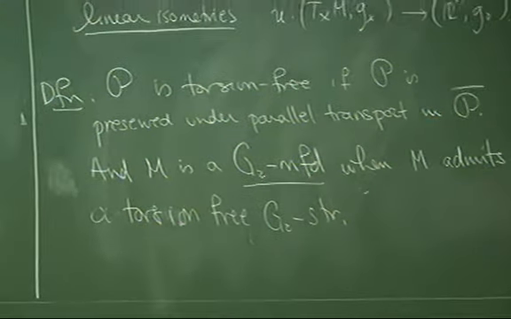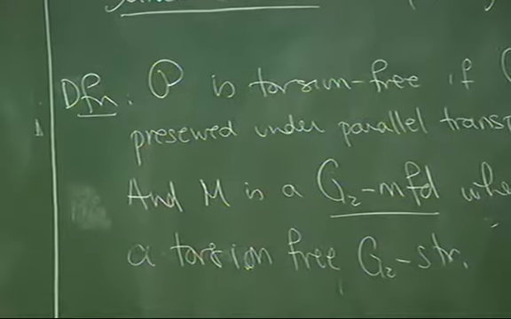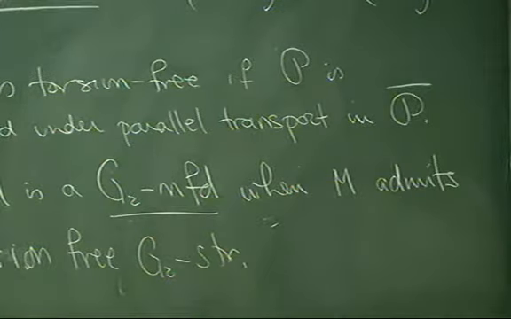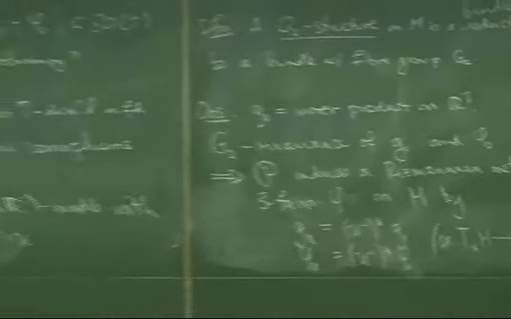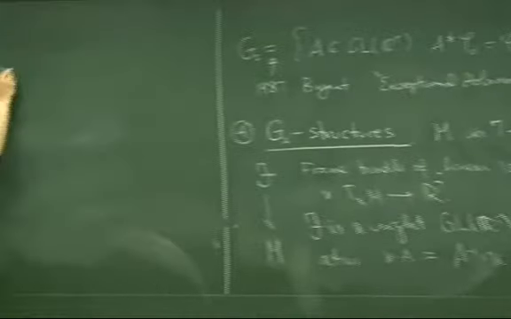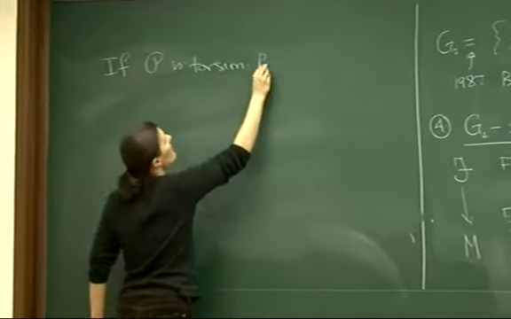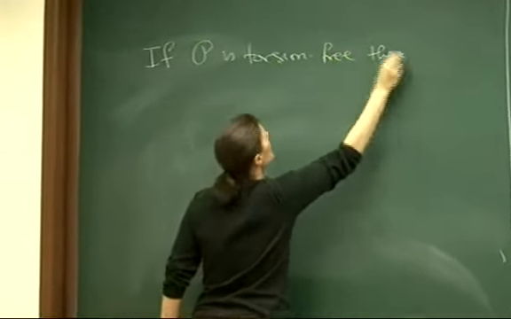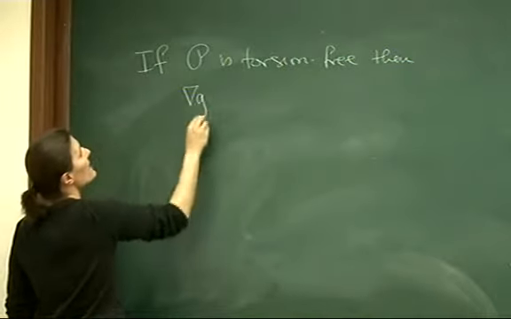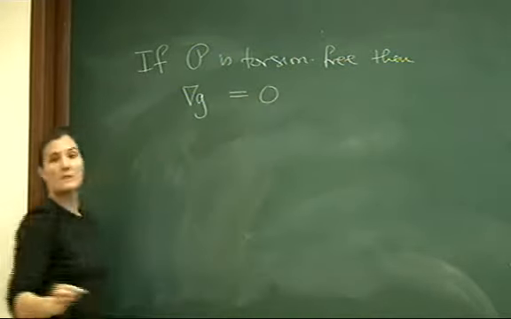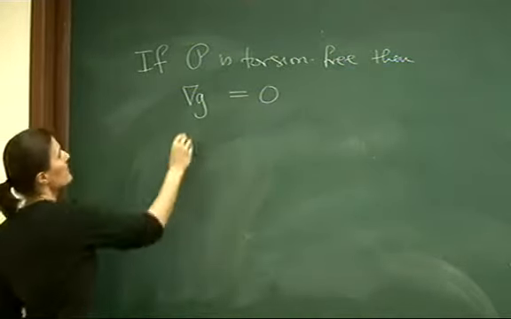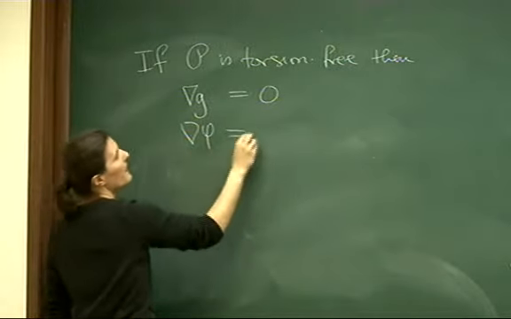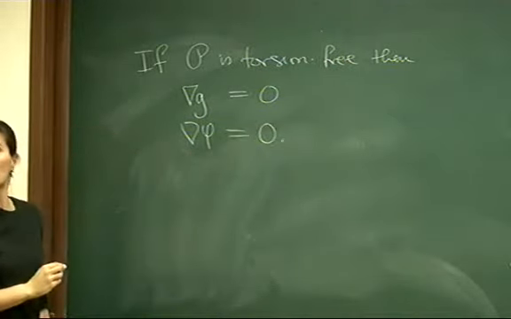Now, notice in this case that if P is torsion-free, then you know that the metric is parallel, and by a similar argument, the form phi is parallel.